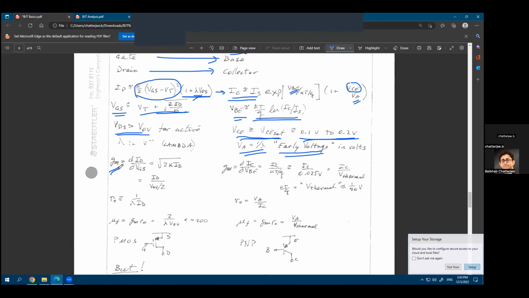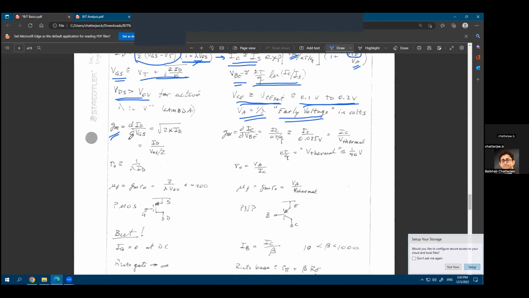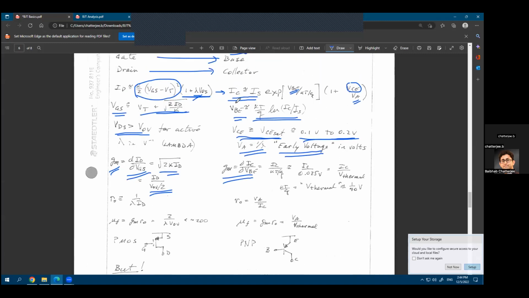You can define gm in the same way. So MOSFET gm is del ID over del VGS, and that is square root of twice K ID, equal to twice ID over V overdrive. In case of BJTs, it's a similar equation: gm equals del IC over del VBE. So you have your equation for IC, and you differentiate it with respect to VBE.